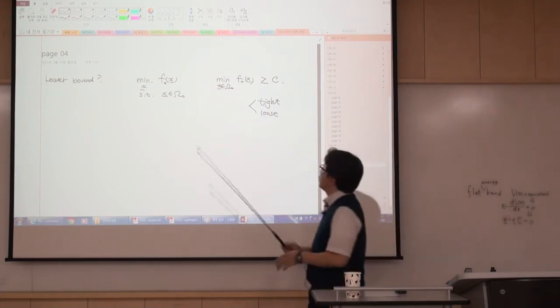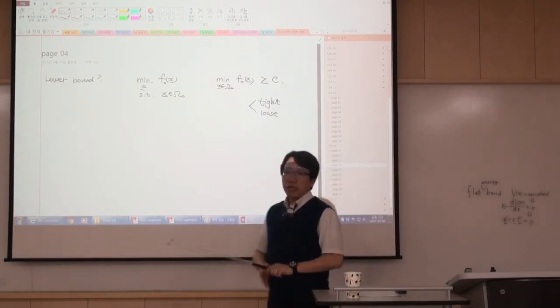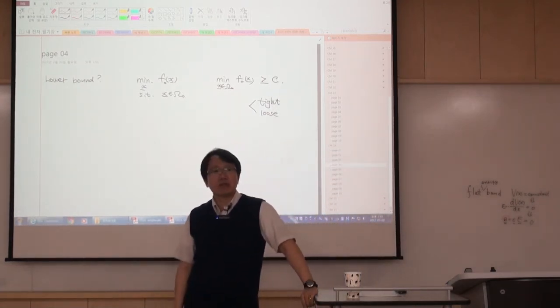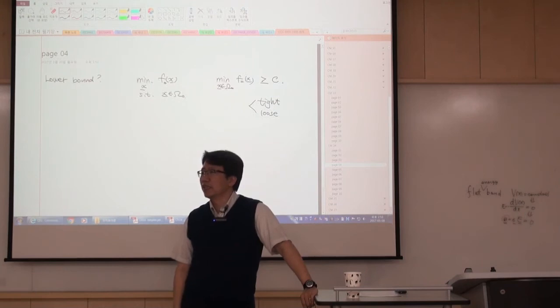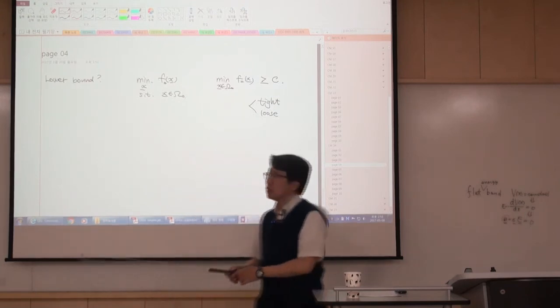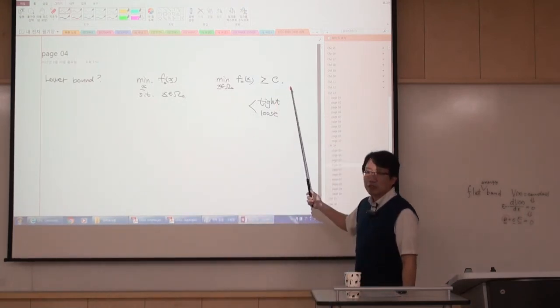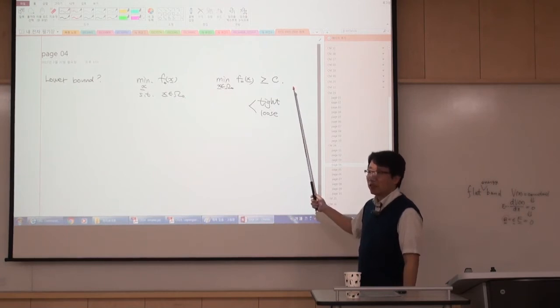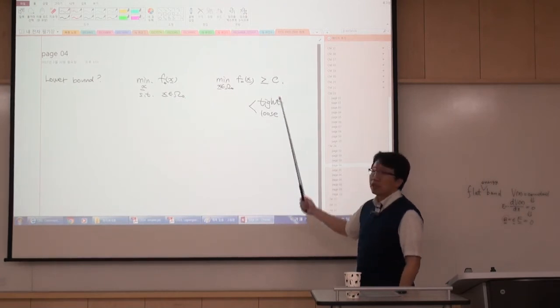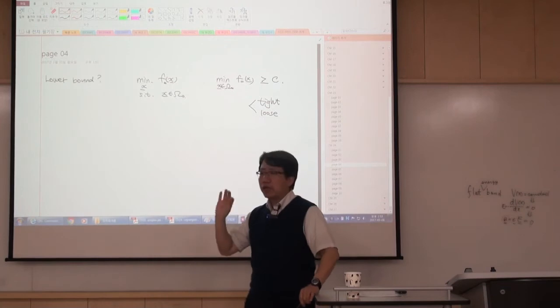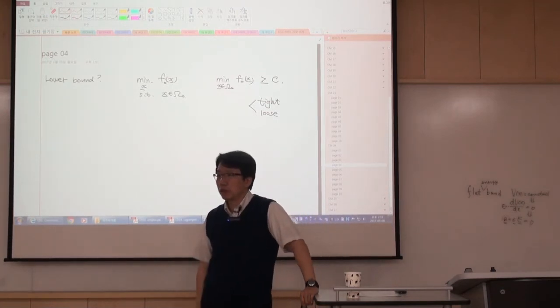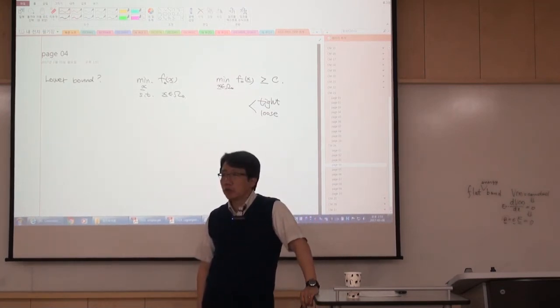For example, if we do not put any constraint on C, you can always say that, okay, given a minimization problem, the trivial lower bound is minus infinity. But that is always meaningless, right? So usually we want some finite lower bound. We love that.